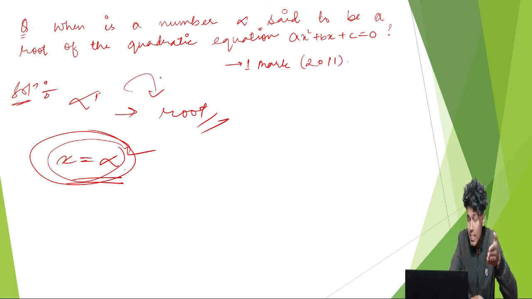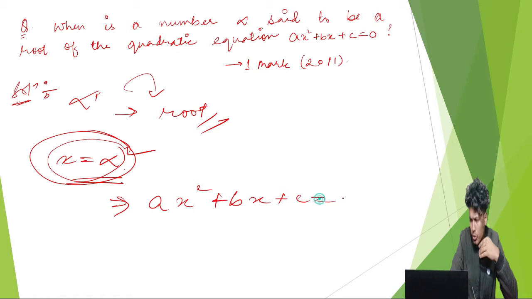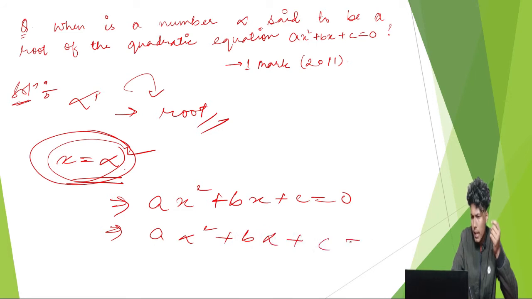So in this equation, if x becomes alpha, we can write ax square plus bx plus c equal to 0. x becomes alpha, so a alpha square plus b alpha plus c equal to 0.